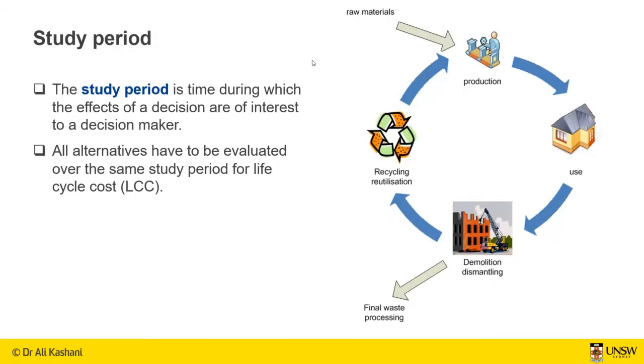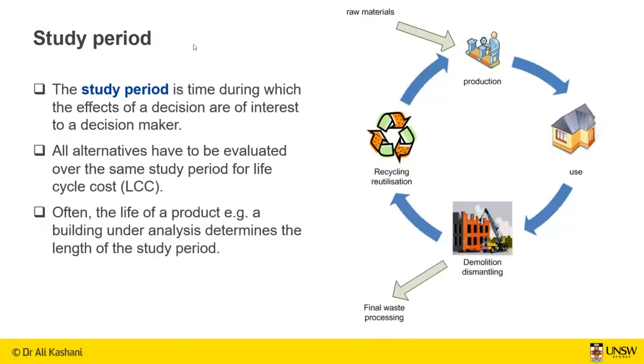That gives you a good indication of the benefits of that project compared to the others. There can be some exceptions. For example, maybe the life cycle of the building is different. In those scenarios, you can do some adjustments, but it would be most comparable if the study period is the same.